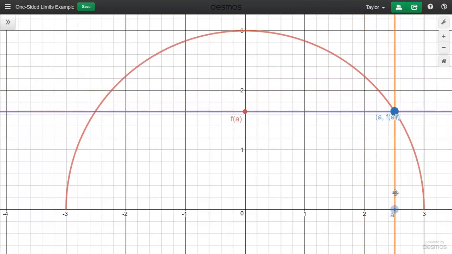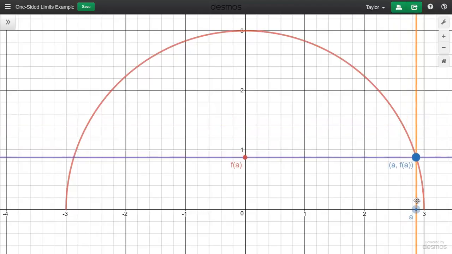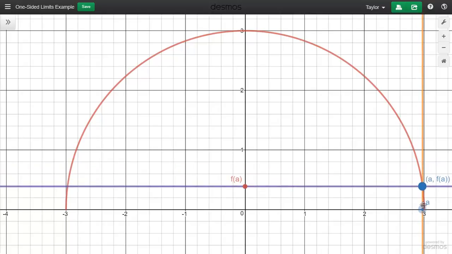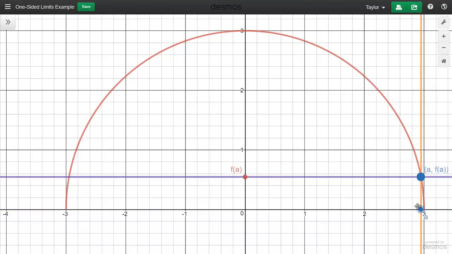They're getting smaller and smaller, and finally they go towards 0. So the limit as you approach positive 3 from the left is 0.